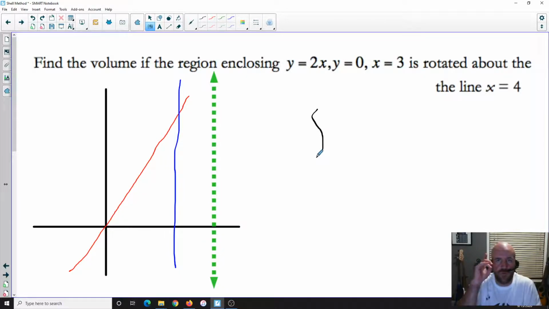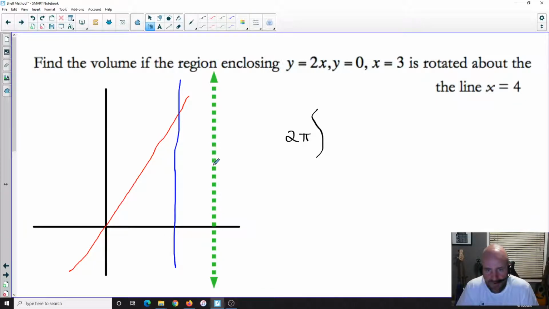So rolling through the formula in our heads. So 2 pi times our radius. So our radius, in this case, remember radius is going to be the distance from our axis of rotation to wherever our, in this case, our x value is.